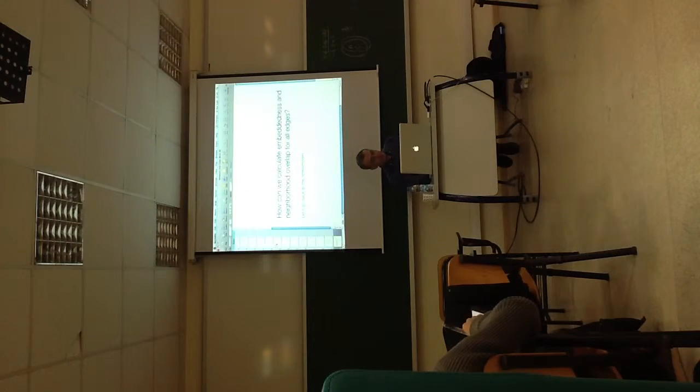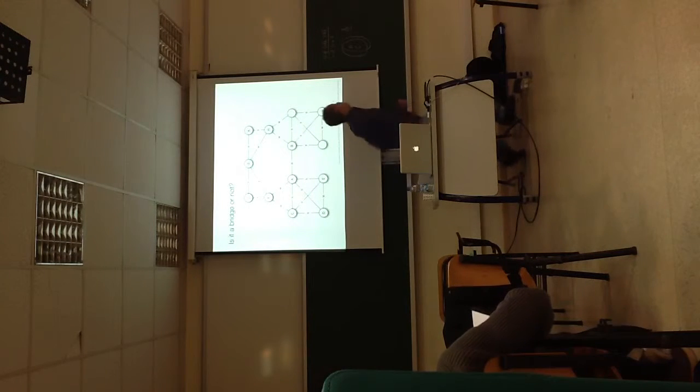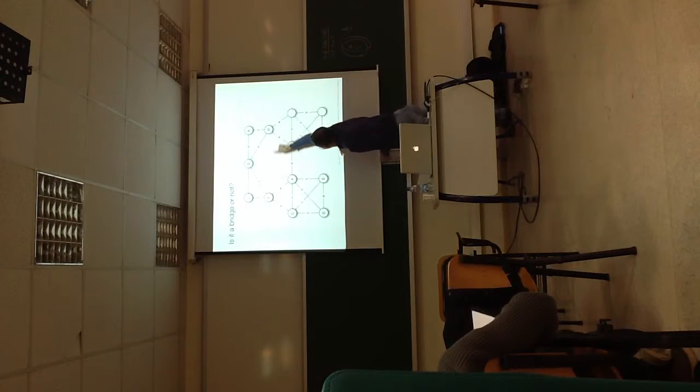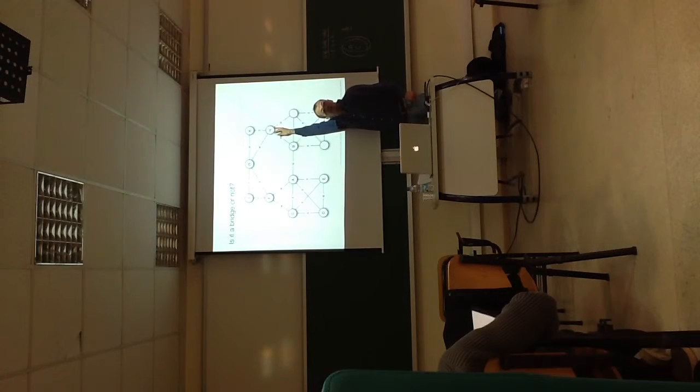Over here. Where is it? Here. Yeah. Think about it. I'm talking about between F and H. So if I run the algorithm for F and H, it's going to give me 0.